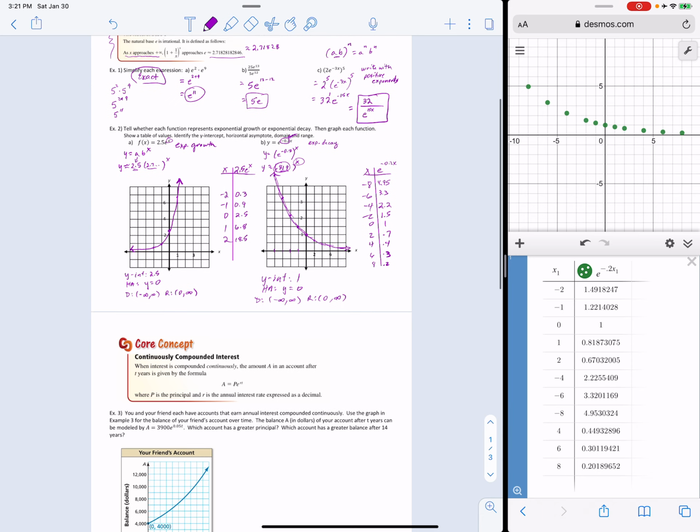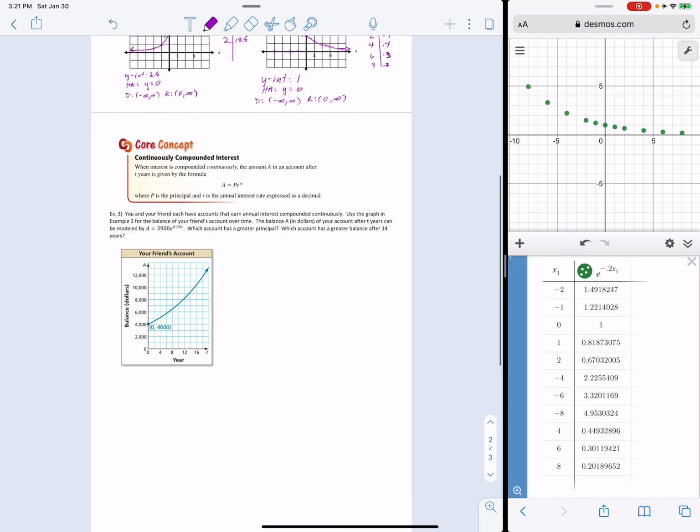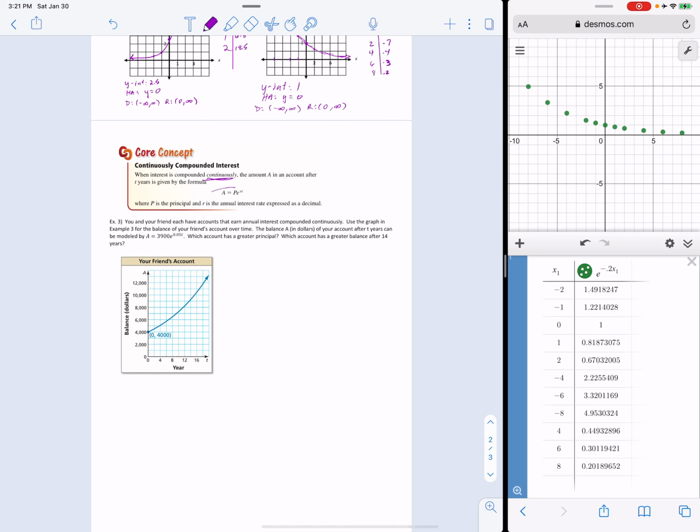All right, then we had interest that was compounded quarterly in the last set of notes, and in your homework you had to do it monthly and daily. One of your problems will have you compare compounded continuously, and when you compound continuously, instead of having 1 plus r over n, that 1 plus r over n, as n gets bigger, we found out becomes e.